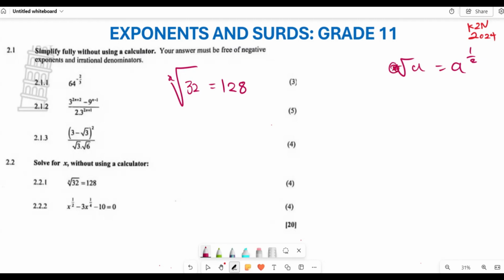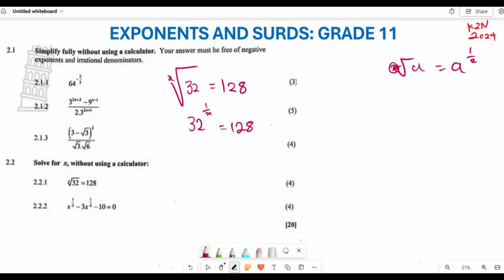But in this case, you have a visible x here. So how do we deal with this one? This is the same as 32 to the power of 1 over x is equal to 128. Are we all fine, right?